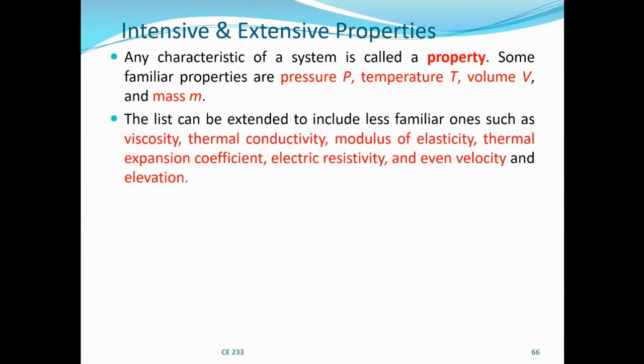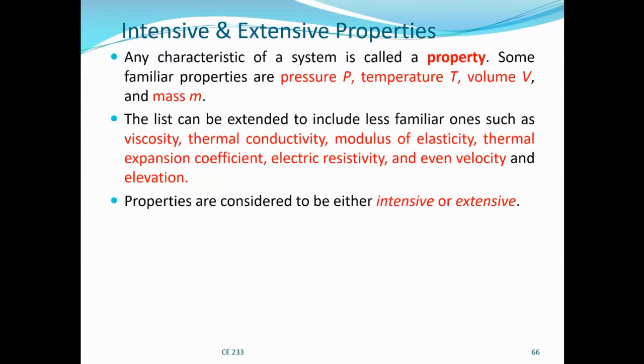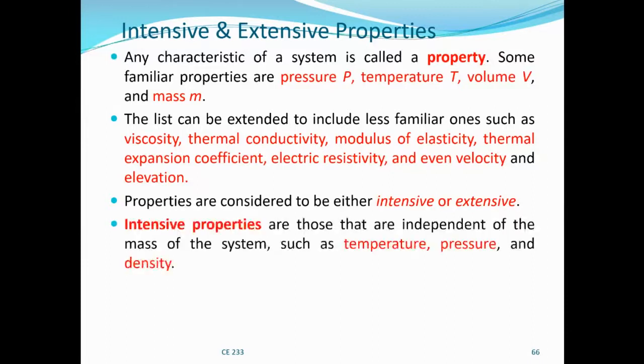The list can be extended to include less familiar ones such as viscosity, thermal conductivity, modulus of elasticity, thermal expansion coefficient, electric resistivity, and even velocity and acceleration. Okay? All these are properties of a system, depending on the system under consideration. And properties are considered to be either intensive or extensive.